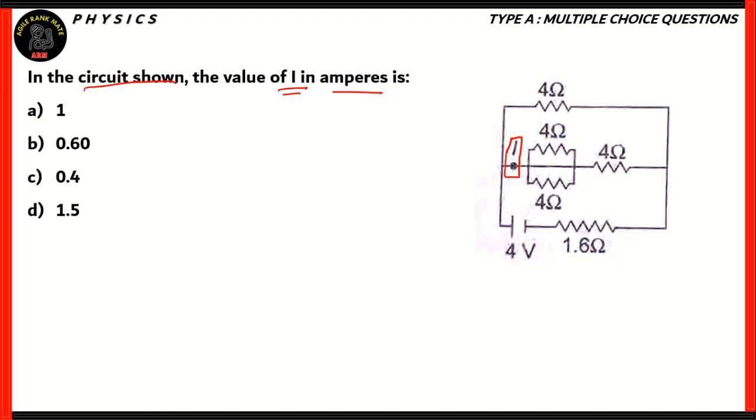So we're going to consider this particular parallel setup as resistors A and B. This resistor in series is C. This one over here is D, and the resistor that's next to the potential difference is E. Now, if you look at the figure, you can see that resistances A and B are parallel.